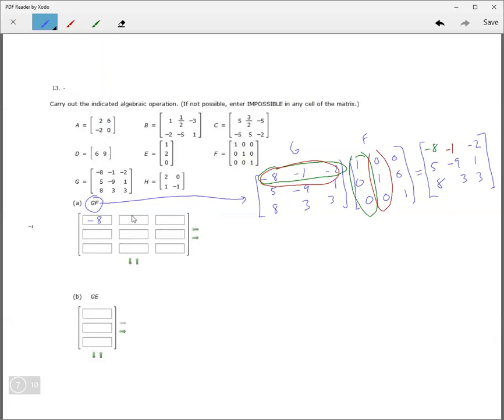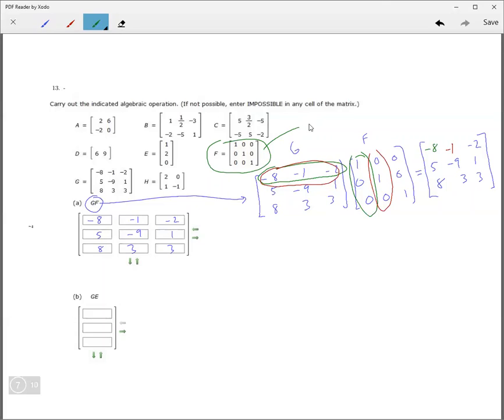Okay, so this is really kind of an important concept for matrices. So when you do multiplication, it's going to give you that. Okay. So let me just say something right here.